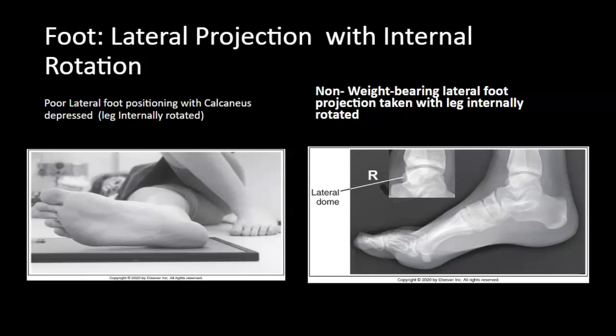If the leg isn't externally rotated enough to place that lateral surface of the foot parallel with the IR for a lateral foot projection, in other words, placing more surface pressure on the heel, the lateral talar dome will be demonstrated anterior, like it is here, to the medial talar dome, and the anterior fibula will be demonstrated anteriorly to that midsection of that tibia relationship, as you can recall.